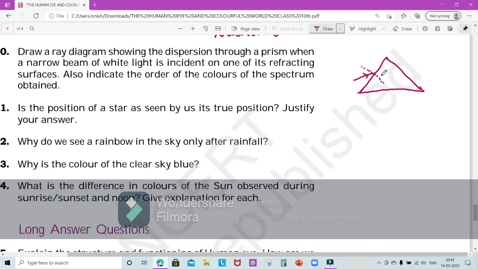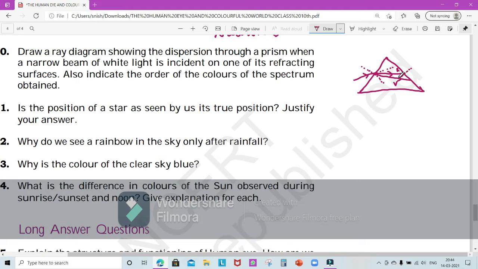Let me explain it step by step. Now, when it's moving from a rarer medium to a denser medium, the light will move towards the normal. One will go like this, the other will go like this. So this will be violet and this will be red.